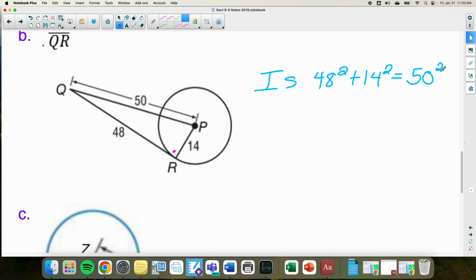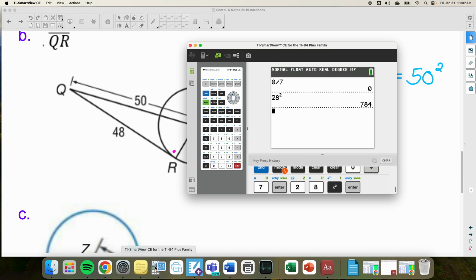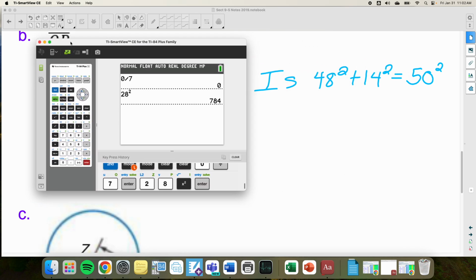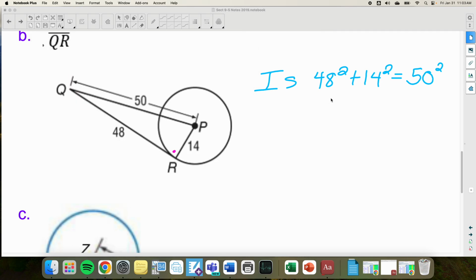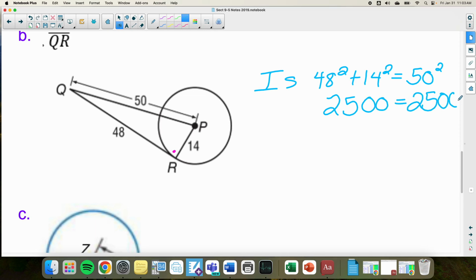So we could do this on our calculator. We could check 48 squared plus 14 squared, and that's 2,500. 50 squared is also 2,500. So our answer would be yes, because both of these are 2,500.